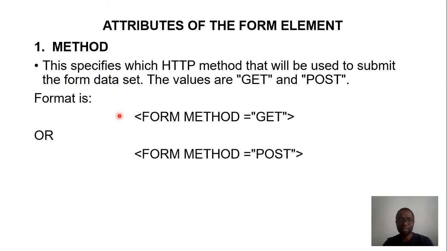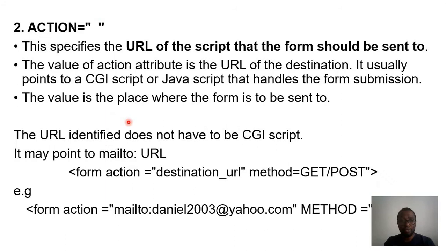Method is quite important because it defines how the information is going to go from one point, let's say the user, to the server, and from the server to the user. So the method attribute is one of the most important form attributes.